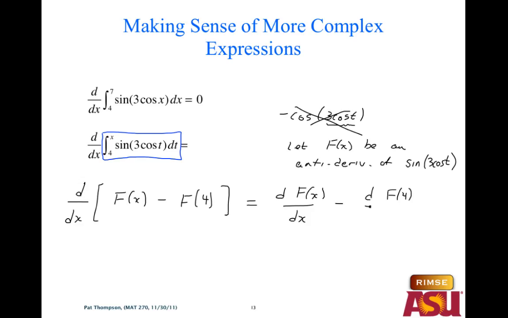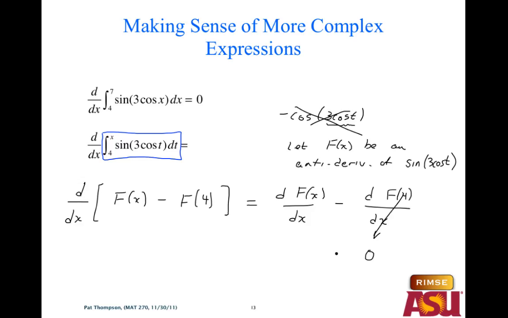We just do the individual derivatives. It's nice and easy. Let's start with the one on the right. What's the derivative of capital F of 4? It's got to be 0 because F of 4 is just some number.